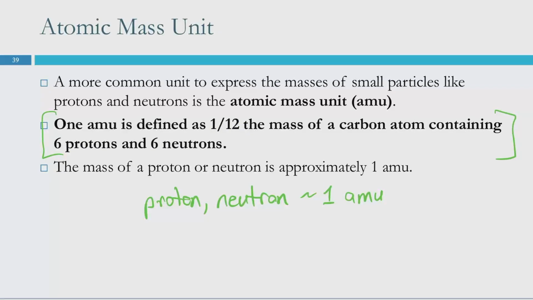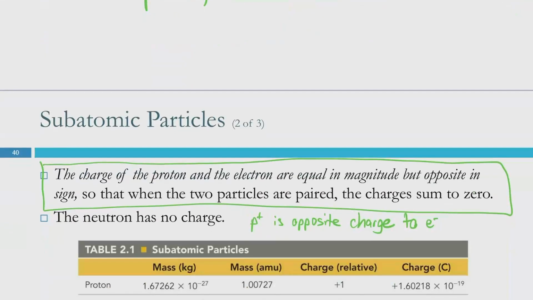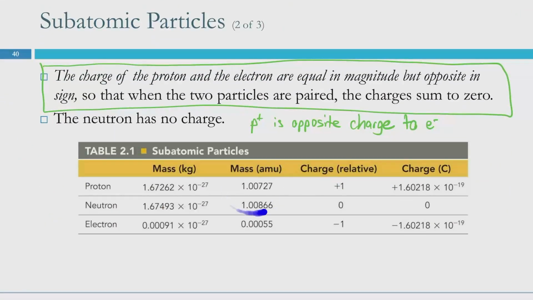So 1/12, when we've got 12 particles, it should be on average 1 AMU, but they're both above 1 AMU. And if you're curious about why that is, you can read into mass defect. The mass defect changes particle mass when they bond together and form atoms.